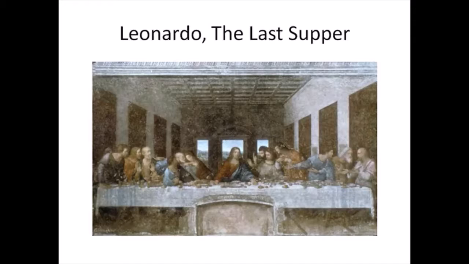A recent restoration has sort of halted the flaky quality, but it by no means looks as vibrant as it did when he first completed it in 1498. In addition, if you look towards the bottom, you can see that a door was knocked through the bottom center at some point, so there's a bit of damage there. You just have to ignore that.